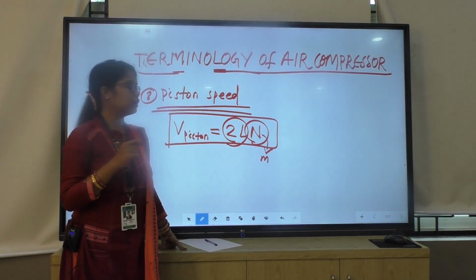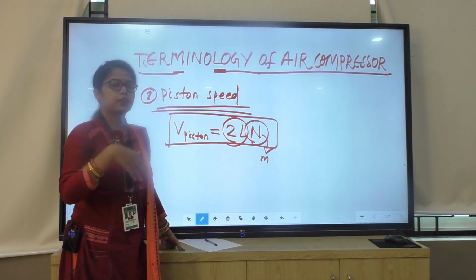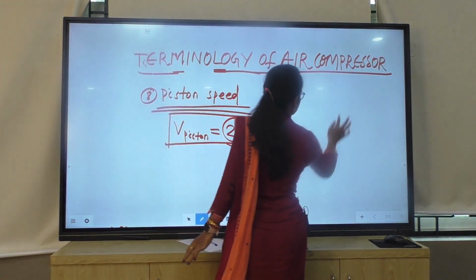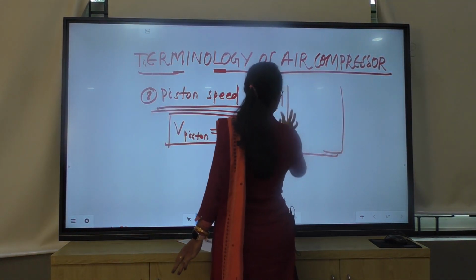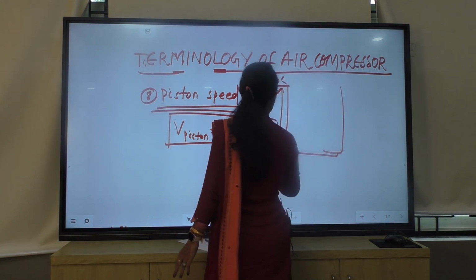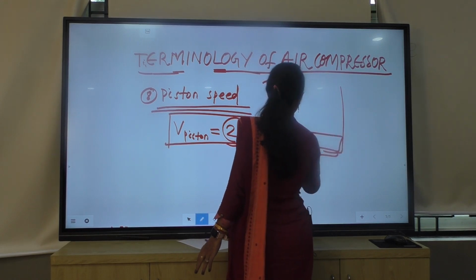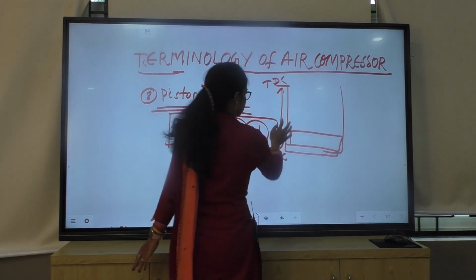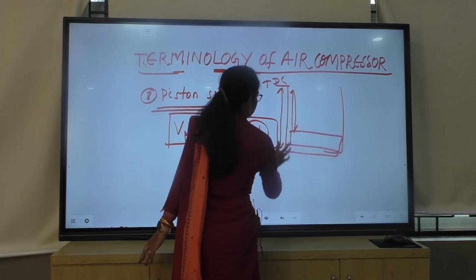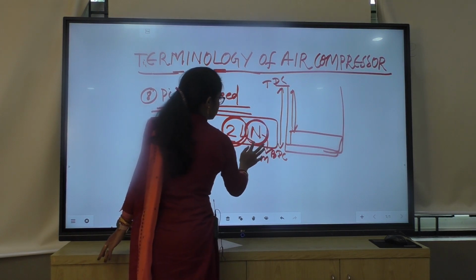2L, what is 2L? Why is 2L multiplied? Because in a complete revolution the piston is reciprocating inside the cylinder, and it is covering the stroke length 2 times, that is the TDC and BDC. In one revolution the piston is covering the stroke length 2 times, one moving upward and again downward, that is why 2L will be multiplied with the revolutions.